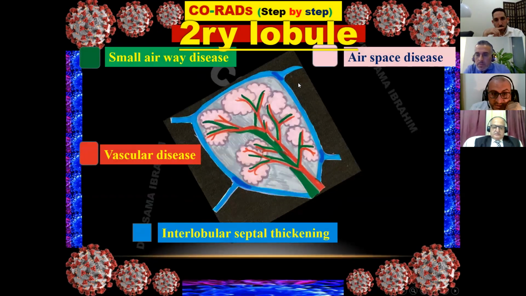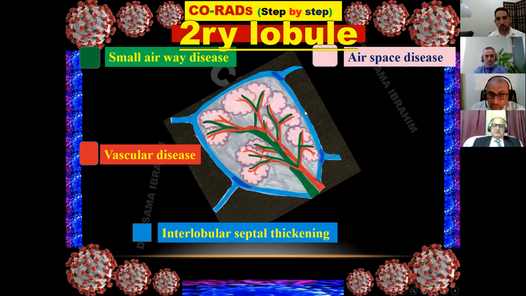As we know, this is the secondary pulmonary lobule, which represents the main functional and anatomical unit of the lung parenchyma. As we see, the green lines represent the small airways, the terminal bronchioles, and any disease of these is called small airway disease. The red lines are the terminal arterioles, and any disease within them represents vascular disease.